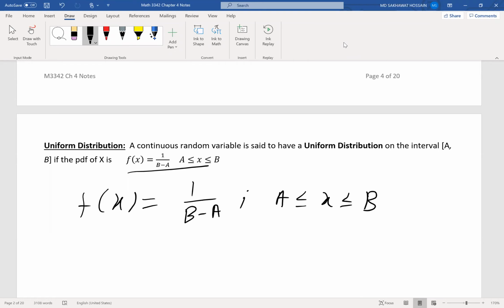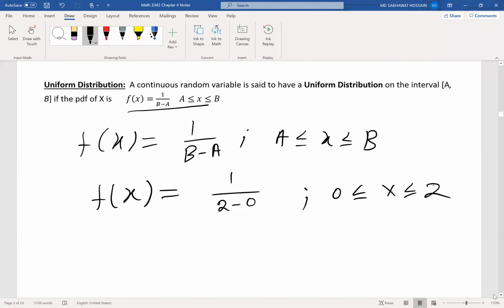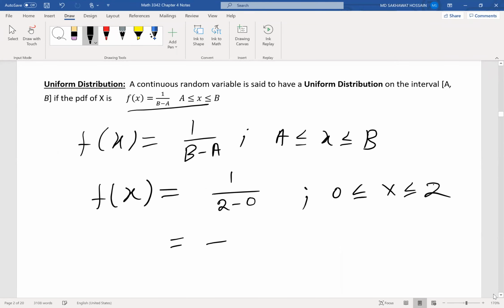For example, suppose f(x) is a uniform distribution and x is from 0 to 2. What will be the density function? 1 over 2 minus 0, and if you simplify this, it will be 1/2, with x from 0 to 2.